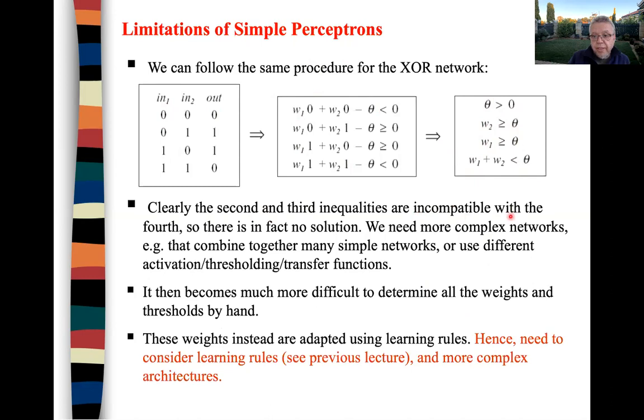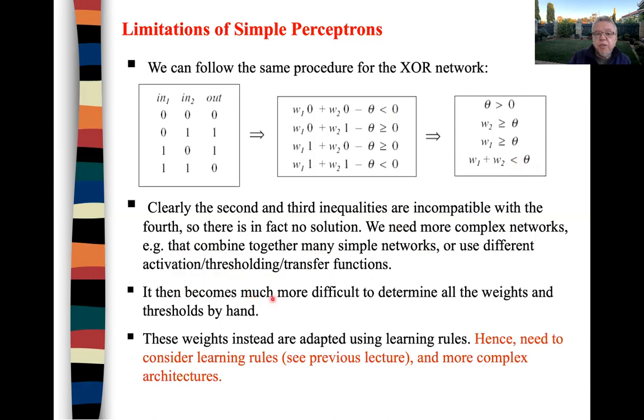So the second and the third are incompatible with the fourth inequality. So we cannot solve the XOR problem with just one perceptron. We need more complex networks, for example, that combine together many simple networks or use different activation functions, maybe different thresholding, different transfer function. So simply this cannot work.